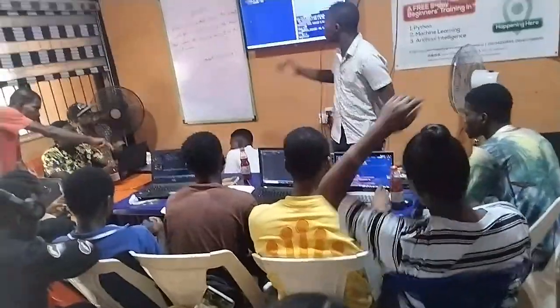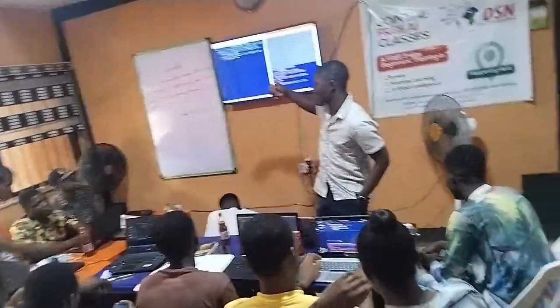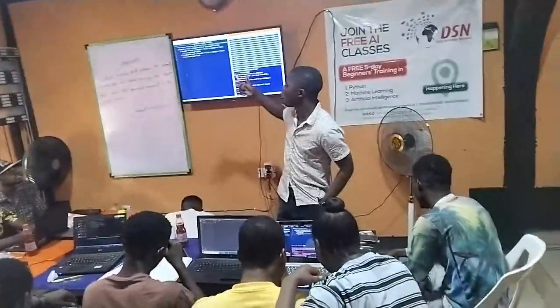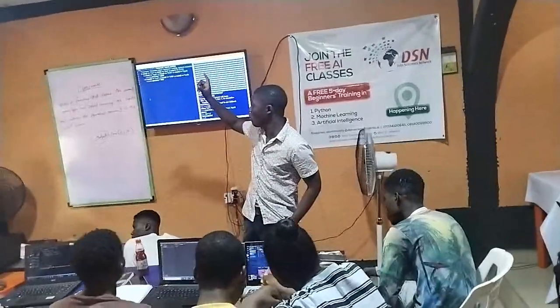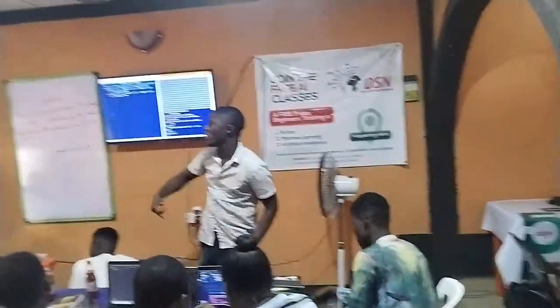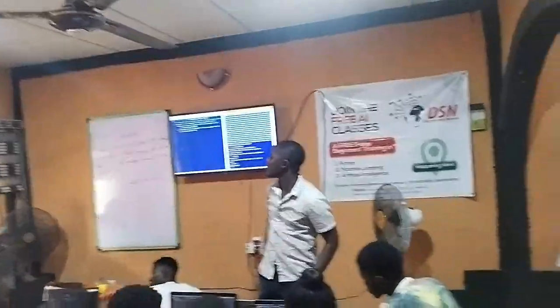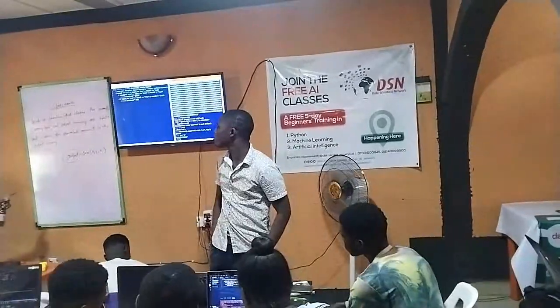But in Python, when you consider the scope of a variable, if you define the variable outside, in Python you can define global. If you define global and you change it outside, it affects it.